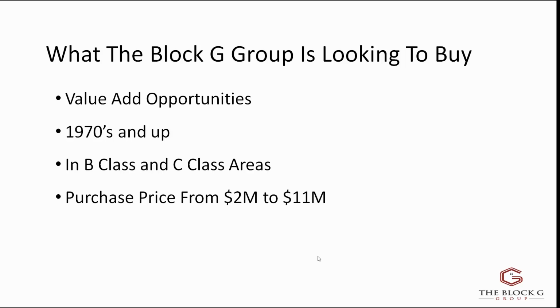I do that instead of units because 20 units in Michigan is priced a lot differently than 20 units in Florida, right? And our focus states are Michigan, Indiana, Georgia, Missouri, and Colorado at this point. But if you live in those areas and you have properties or you want to partner up with us, let us know. Give me a holler. And again, this is what we're looking for.